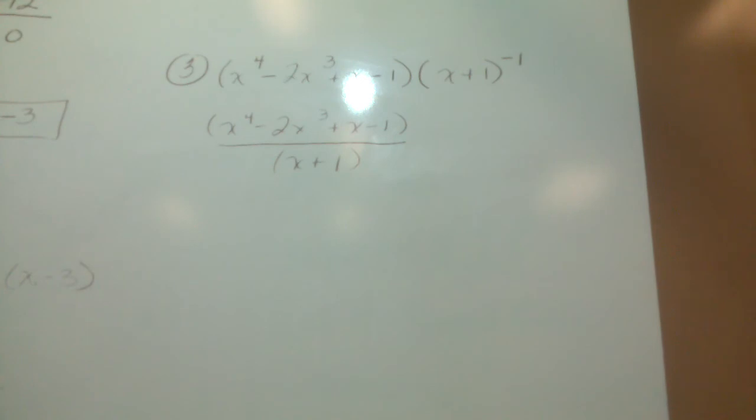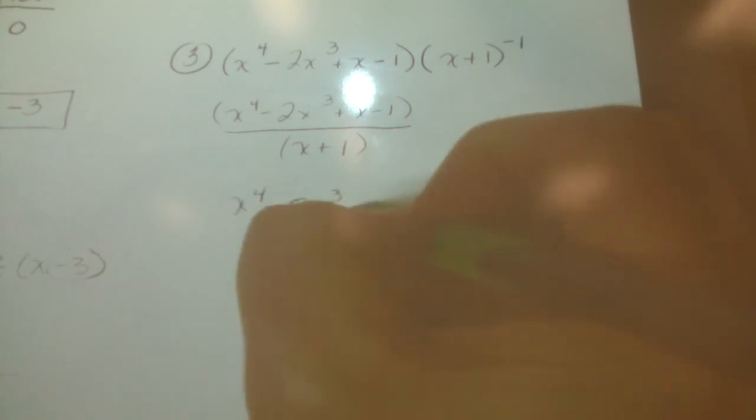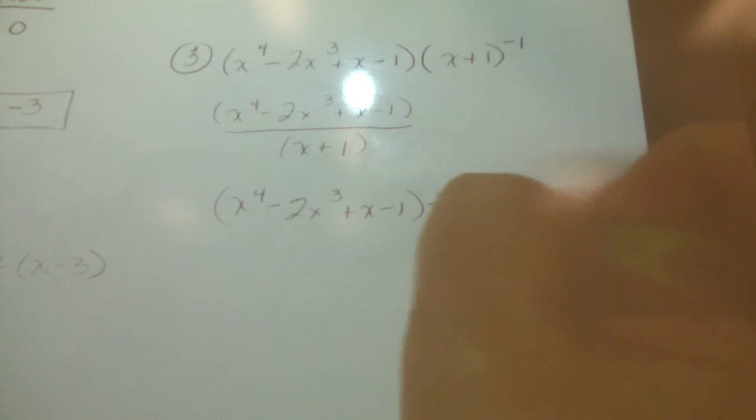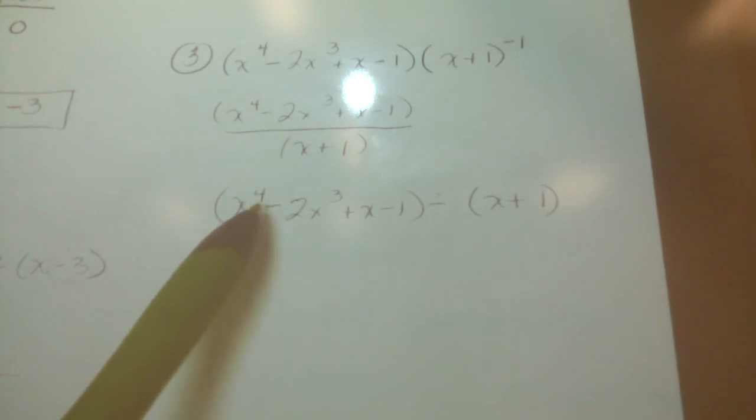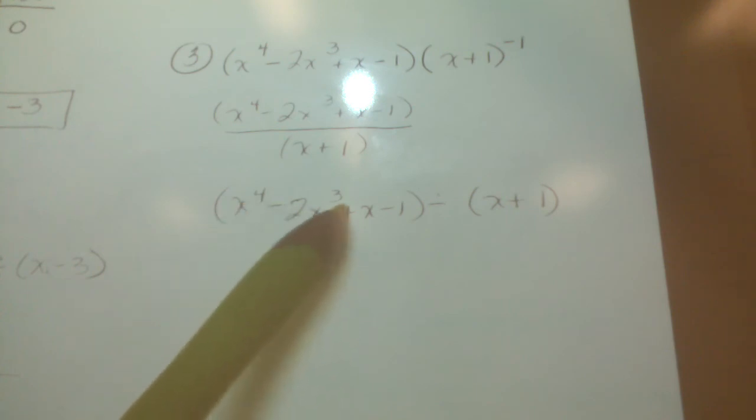All right, so let's write this. I've got x to the 4th minus 2x cubed plus x minus 1 divided by x plus 1. Now that we've got it written in the form with the division symbol, I need to make sure every exponent is there in descending order. So I have 4, 3.